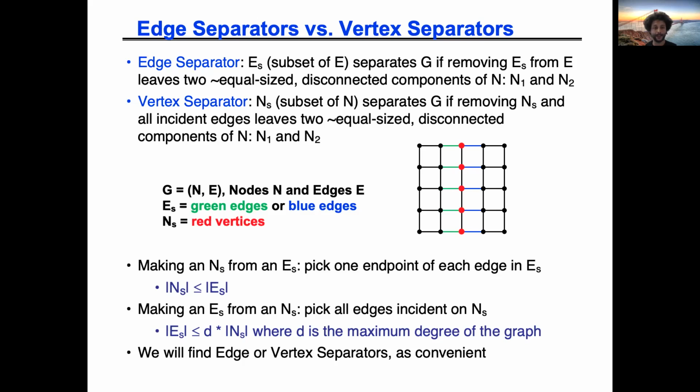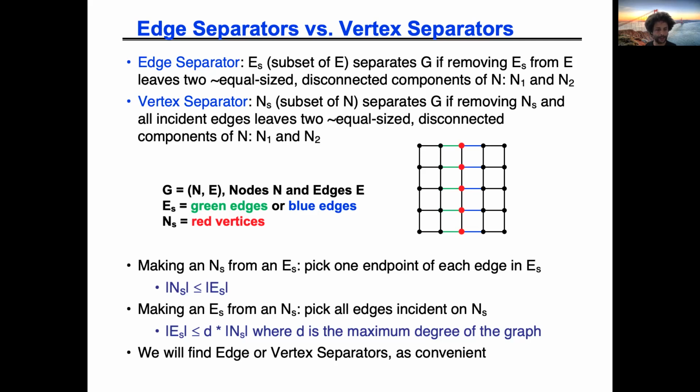And in this example, what we're seeing is we can treat either the green edges or the blue edges as an edge separator. Whereas the vertex separator is analogous, except it's defined on vertices, which is a subset of the vertices whose removal will disconnect the graph into 2 equal sized pieces.